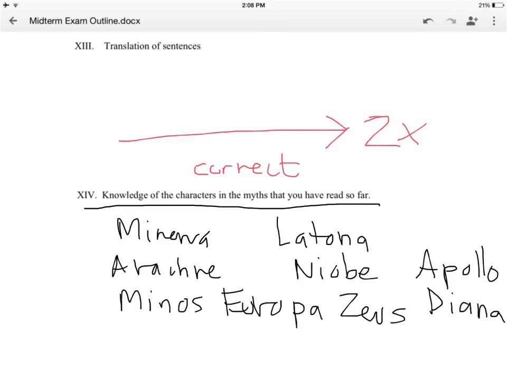That's the gist of the myths, but make sure you read all the chapters, the introductions to the myths, and of course you've had to read all the chapters and translate those stories.